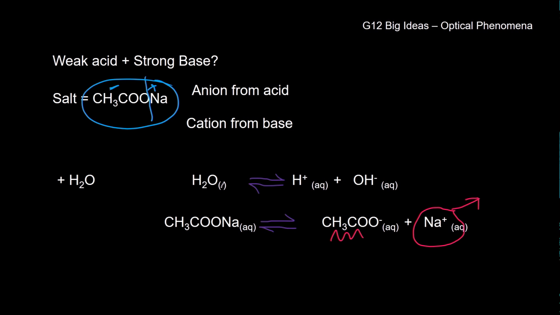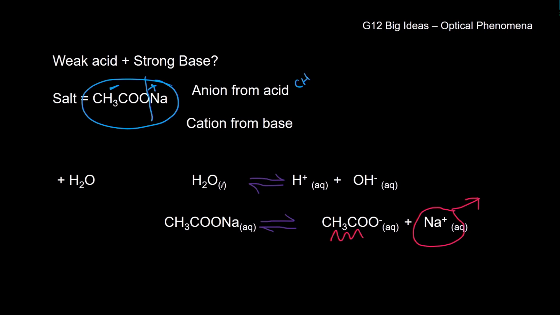So the acetate ion is the negative ion, and so that is going to come from the acid. So this will be acetic acid, vinegar, or CH3COOH. The cation is going to come from the base, that's sodium, so it's going to be sodium hydroxide. Okay, so we know that that is the strong base. The vinegar we know is a weak acid.